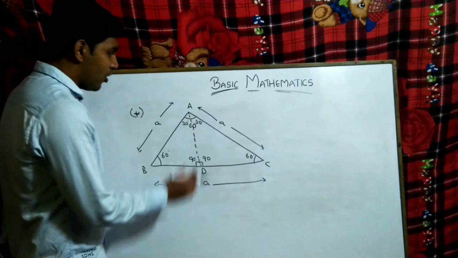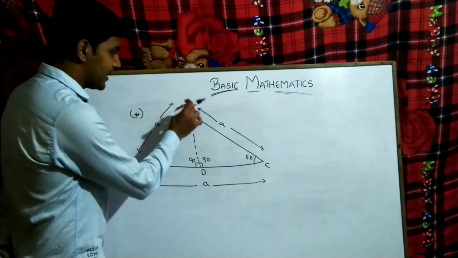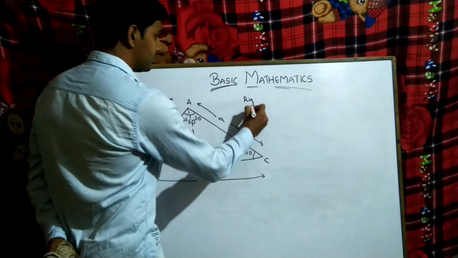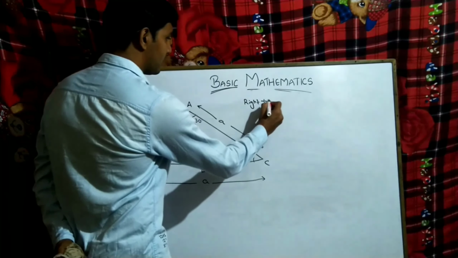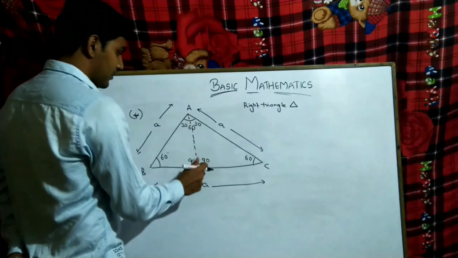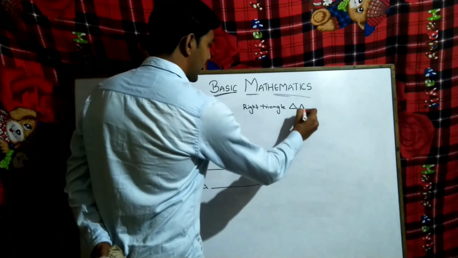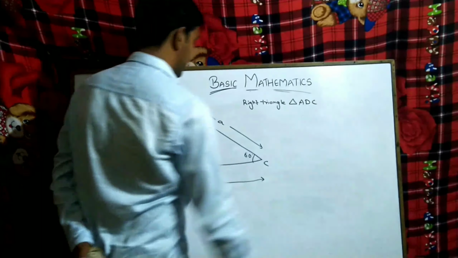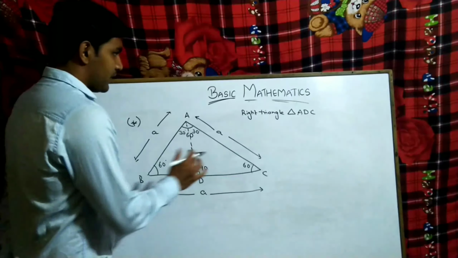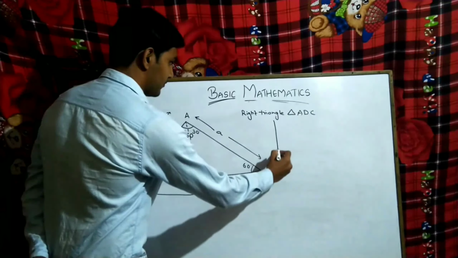Now I will take one part only, a right angle triangle ADC. Let me draw it one more time.